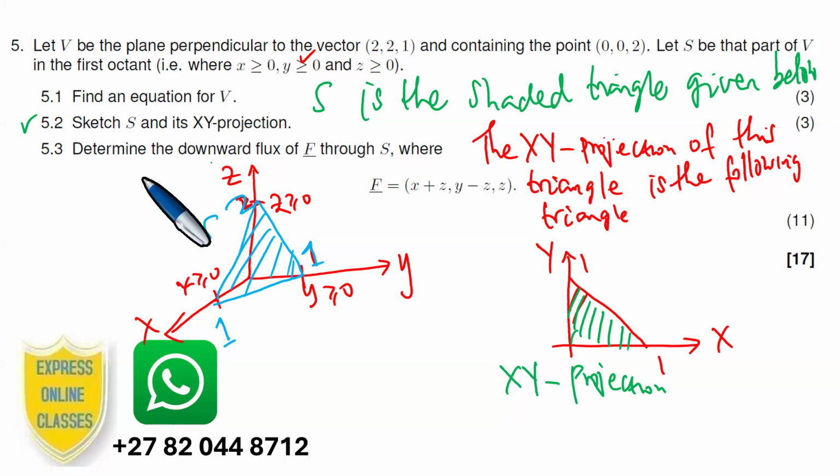Determine the downward flux of F through S, where F is a vector field. To determine the downward flux of F, there are a couple of things we need to take into account.